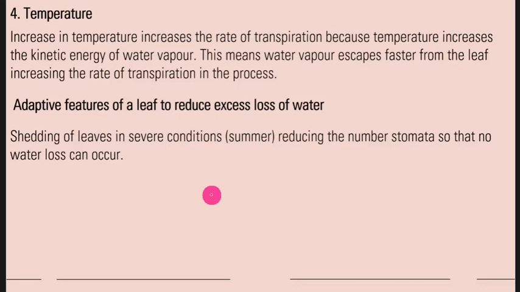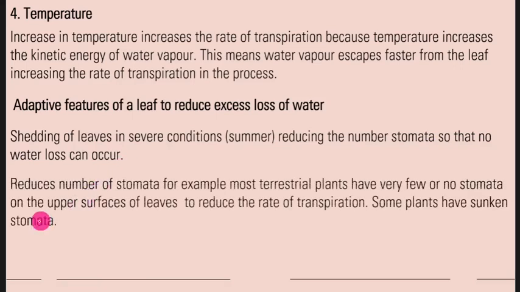The reason is that they don't want to lose the little water they have. They want to survive up to the next season. So that's how plants are adapted to reduce excess loss of water: shedding of leaves in severe conditions like summer, so that no water loss can occur.